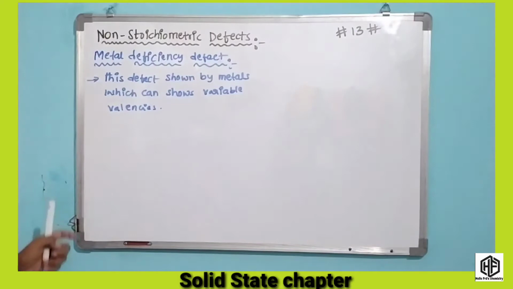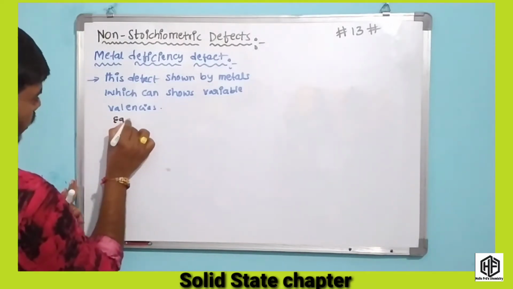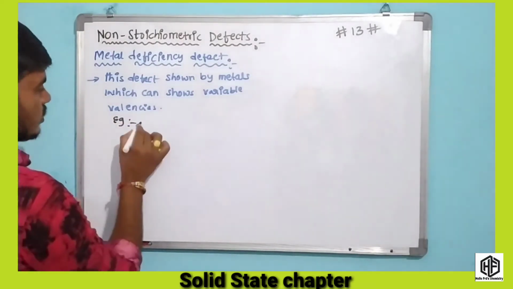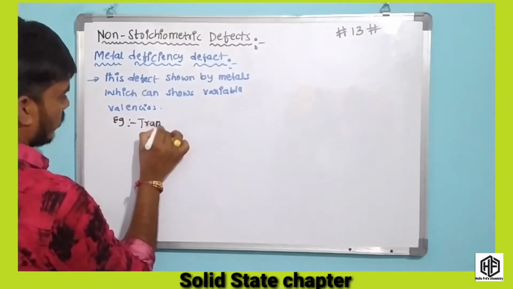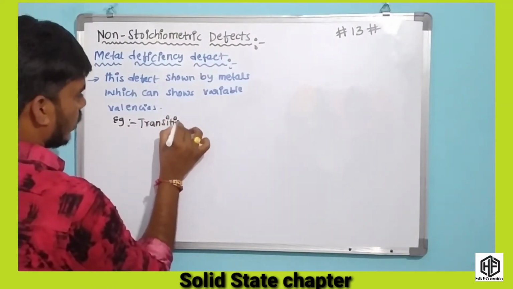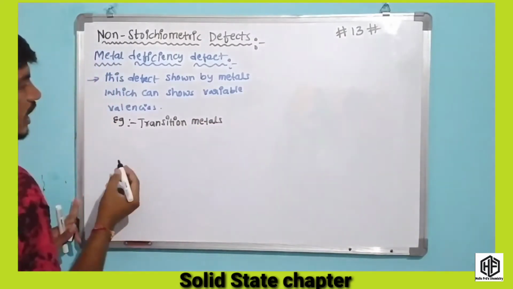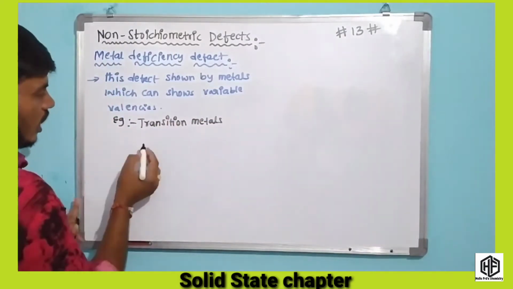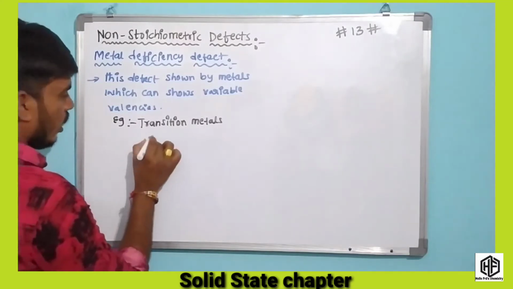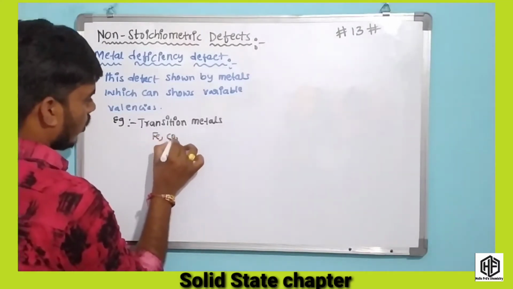Okay friends, this defect is shown by metals which can show variable valencies. For example, transition metals show this kind of defect, like iron, cobalt, nickel.